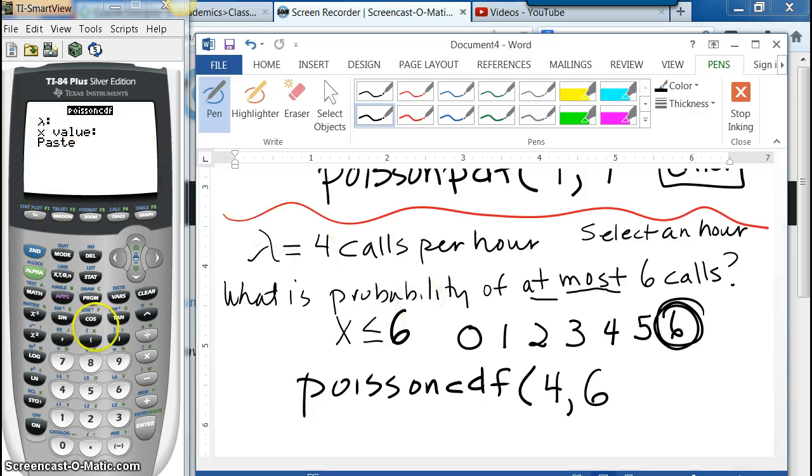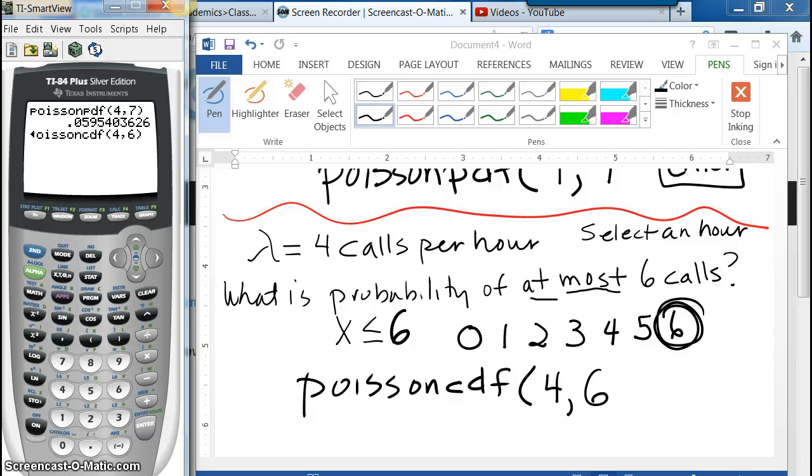So on my calculator, I'm going to put my lambda in, which is 4, that's your average. And then I'm going to put the 6, which is the endpoint that I want. Then I'm coming down on paste and entering. And then I'll enter one more time. And then if you had this, you should get the same answer.